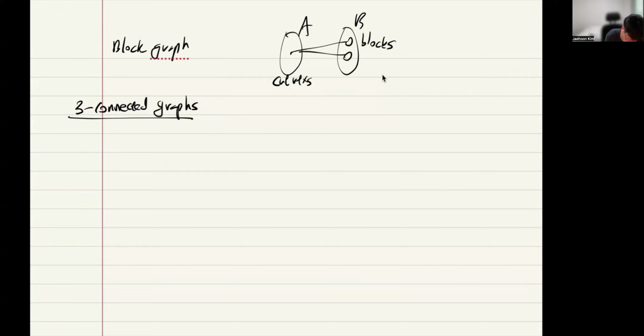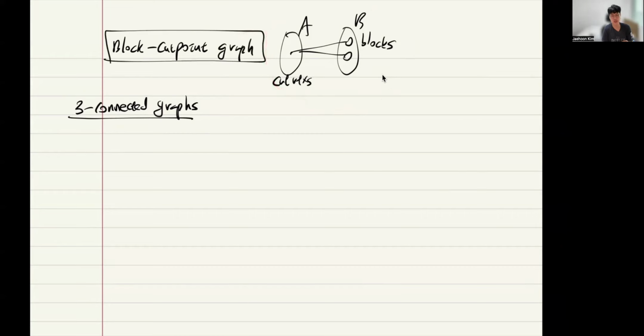So I told you the name was the block graph, but actually the proper name of this bipartite graph, which is a forest, is the block cut point graph. And this gives a motivation for studying two-connected graphs. And two-connected graphs are essentially all obtained by ear decomposition.